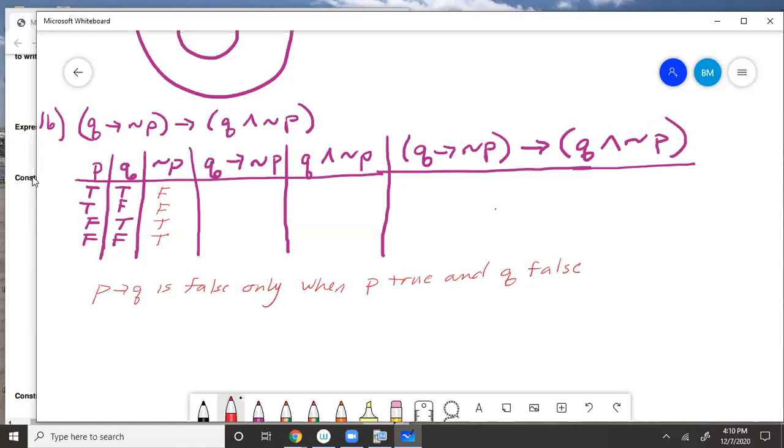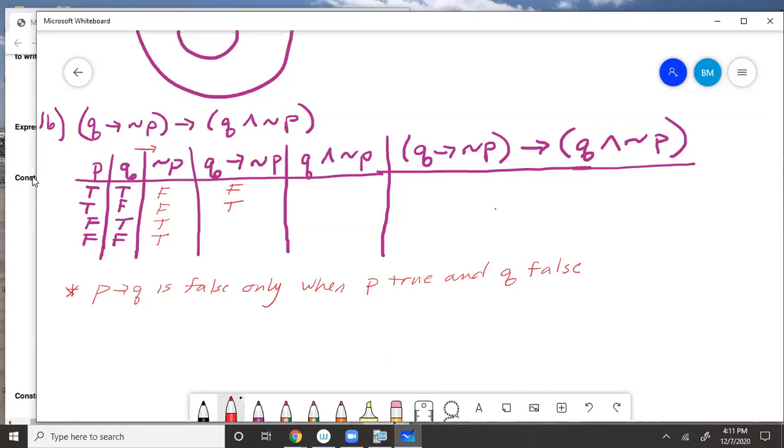So if Q, then not P, all right? We're taking the second column and it's conditional with the third column. So where do we see P true and Q false? That's the first case, right? So the first case is false because of this special rule. Where they're both false, that's okay, that's true.